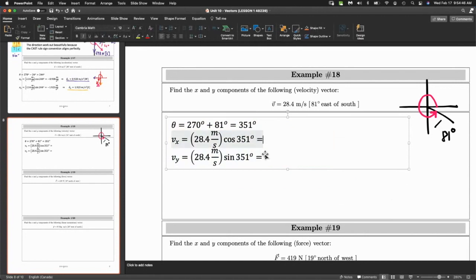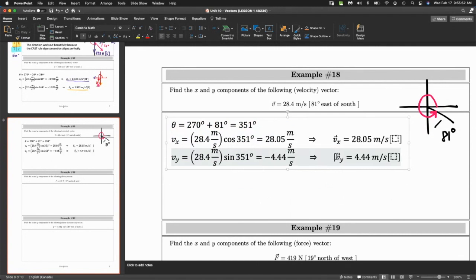It's not like every question is a new adventure. It comes down to getting the angle, a skill that we focused on in the first part of today's class. And now this is always going to be cos and always going to be sine for x and y respectively. So it becomes a very nice procedure. The first answer is 28.05. That's what I got. And for the second one, I got negative 4.44.